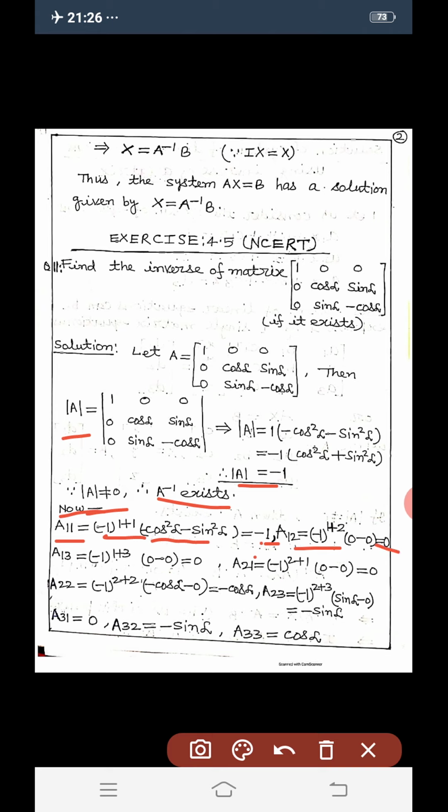Similarly, A13 equal to 0, A21 equal to 0, A22 equal to minus cos alpha, A23 equal to minus sin alpha, A31 equal to 0, A32 equal to minus sin alpha, A33 equal to cos alpha.